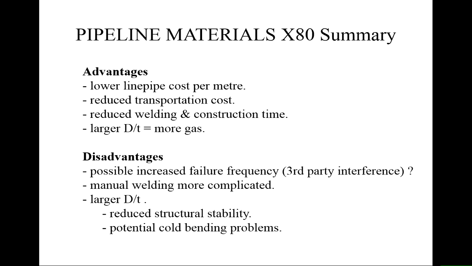And we keep databases of failures in pipelines, the transmission companies do, and we've got indications that there is a higher failure frequency with X80 pipes than with the other pipes, but there aren't that many X80 pipe failures, so we can't really tell yet whether that is going to be true in the longer run. But generally, as we increase the grade, the failure frequency increases.